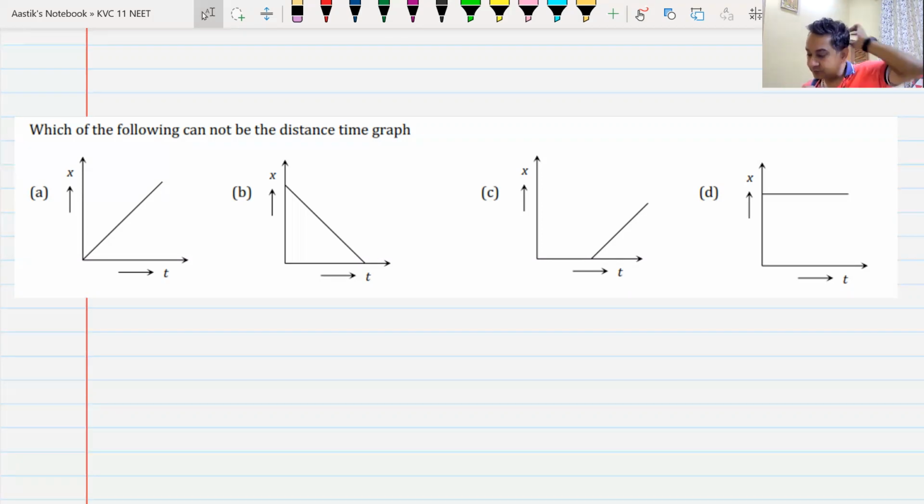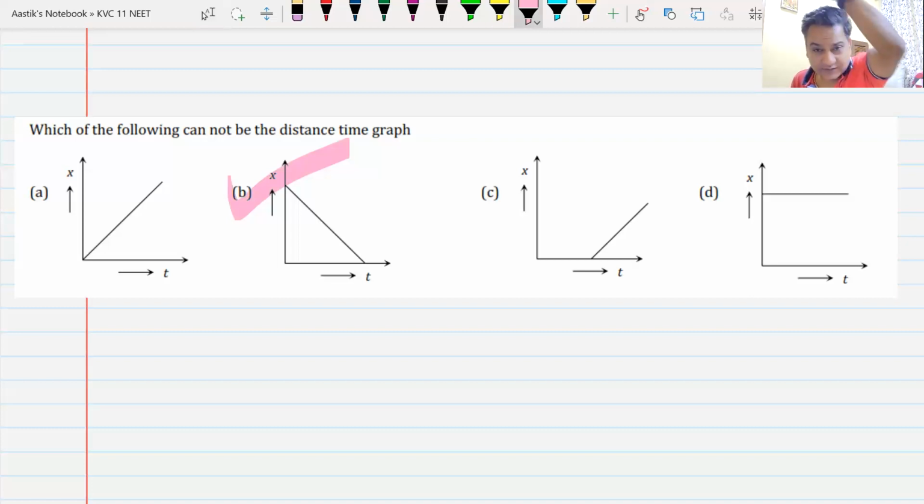And the answer is... I can't hear you. Option B is not possible. Why is it not possible?